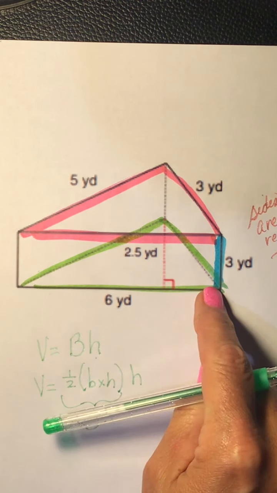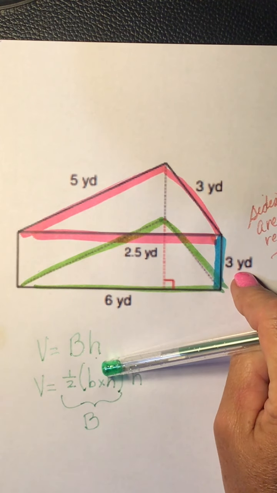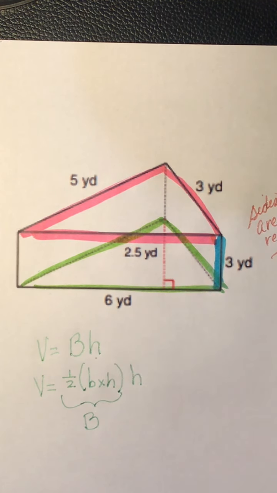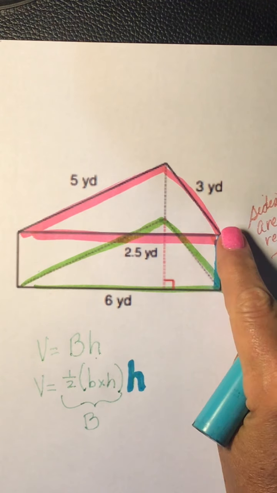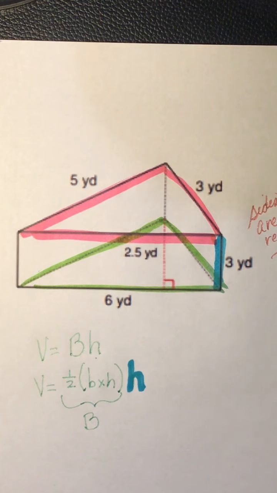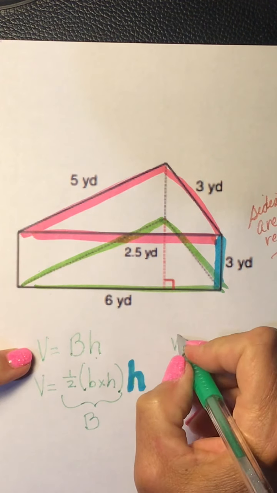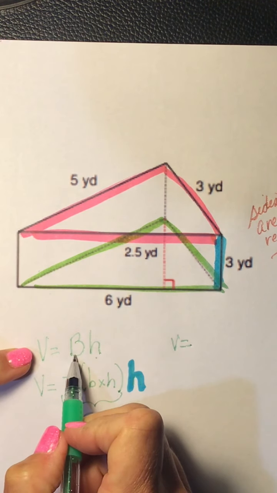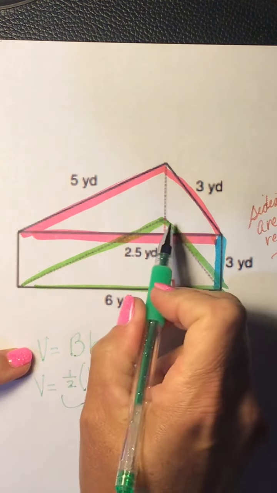This is the triangle, and the height to that triangle happens to be the 3, which is blue. So I'm going to highlight this H in blue. This height to the base. So basically, we have volume equals area of the base, 1/2 the base times the height of the triangle.